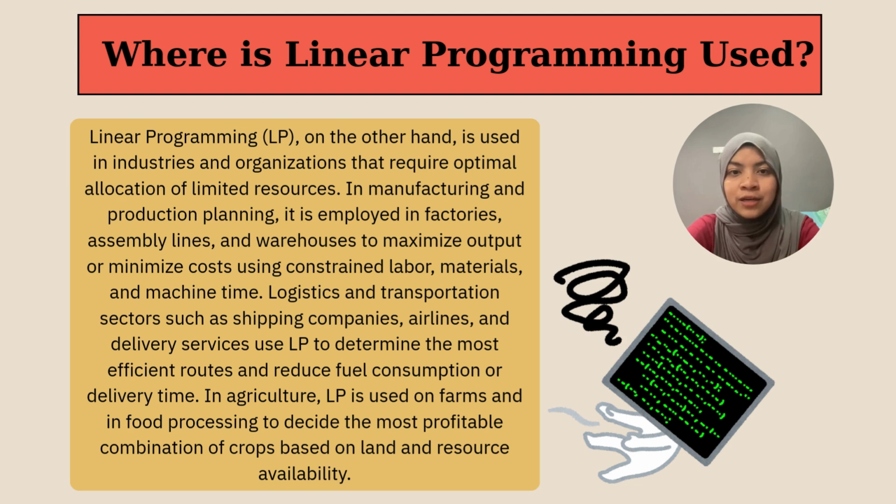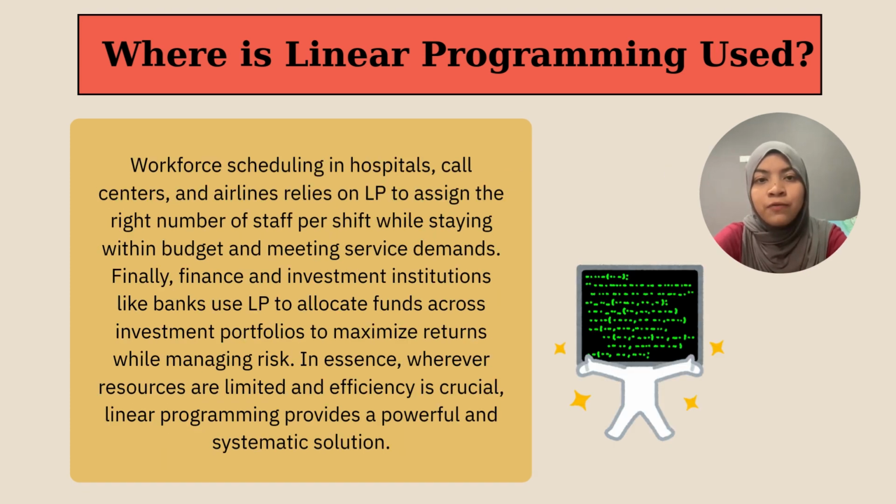In agriculture, LP is used on farms and in food processing to decide the most profitable combination of crops based on land and resource availability. Workforce scheduling in hospitals, call centers, and airlines relies on LP to assign the right number of staff per shift while staying within budget and meeting service demands.